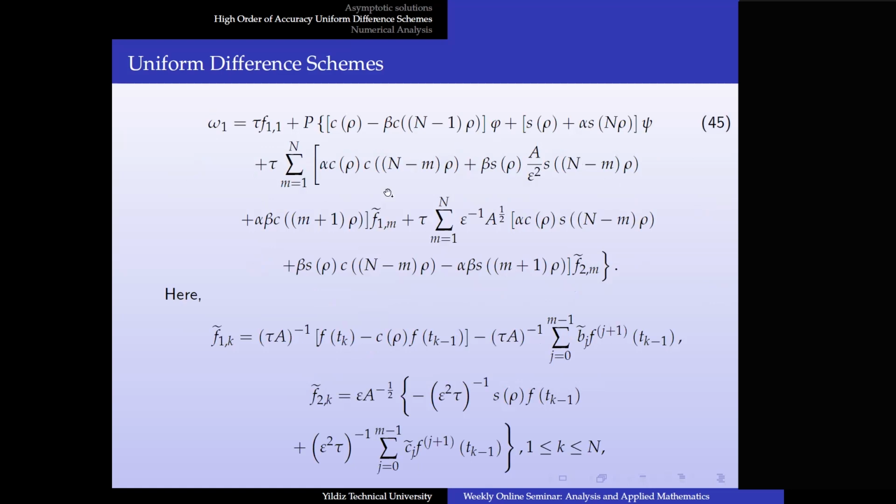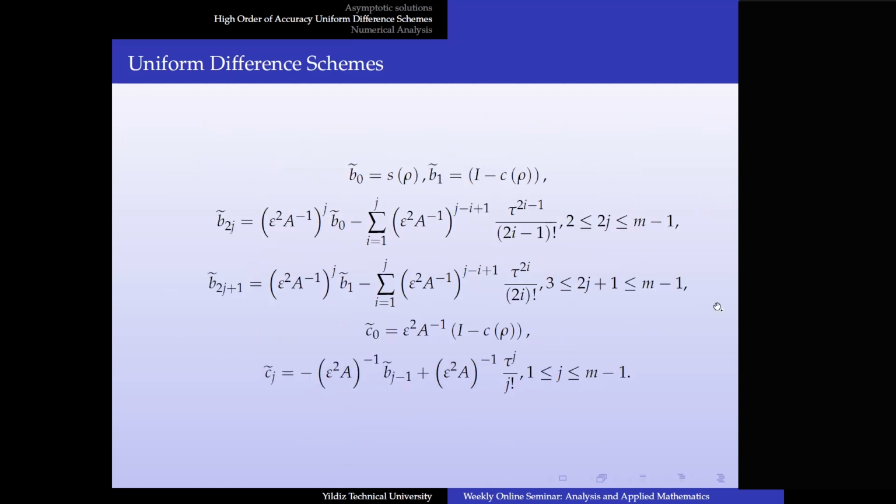But these are derived from the initial conditions. Here f sub 1k, f tilde sub 1k and f tilde sub 2k are given with the following formulas. And here the coefficients in the formulas are presented like this.